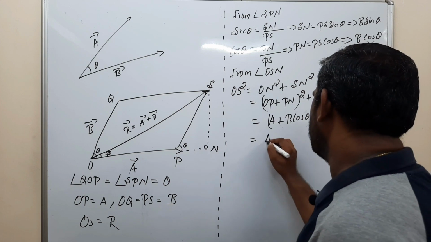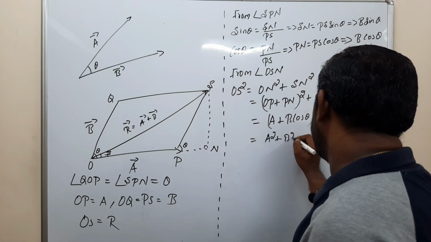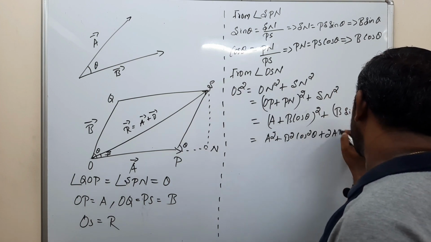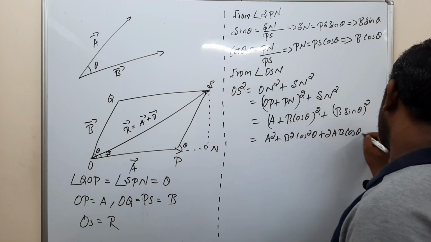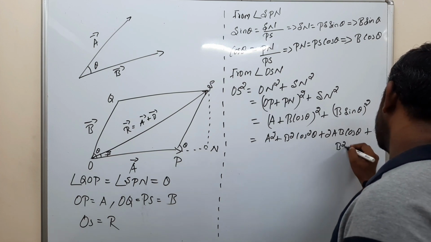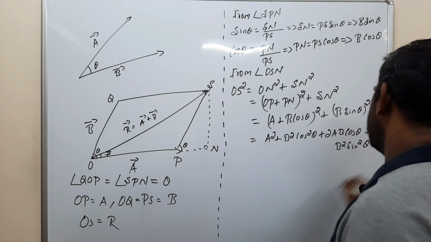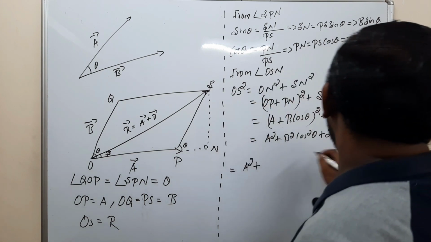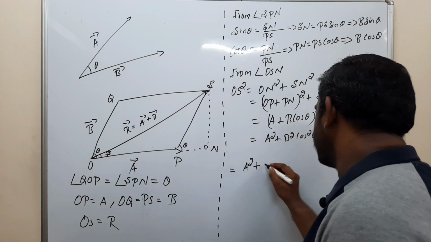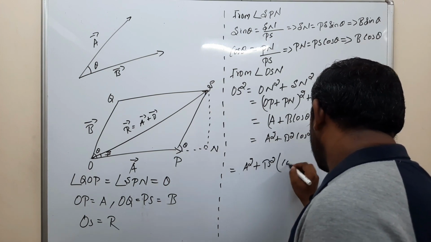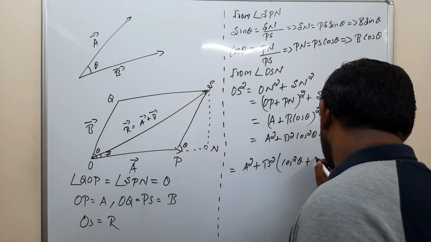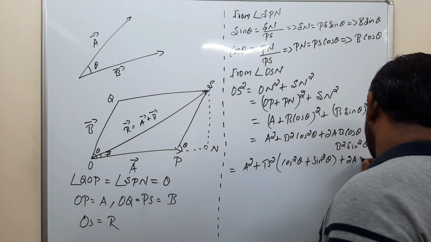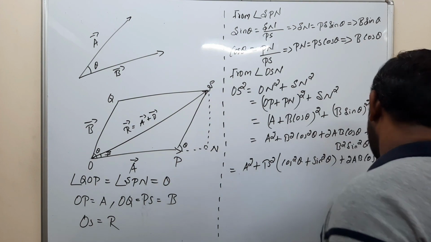That's equal to A square plus B square cos square theta plus 2AB cos theta plus B square sin square theta. Taking B square common from two terms, B square times cos square theta plus sin square theta, which is 1, plus 2AB cos theta.